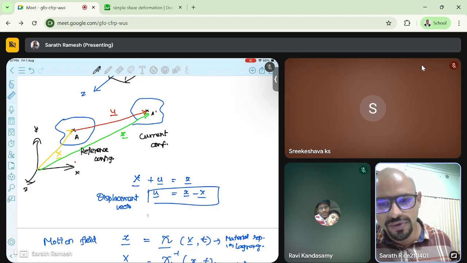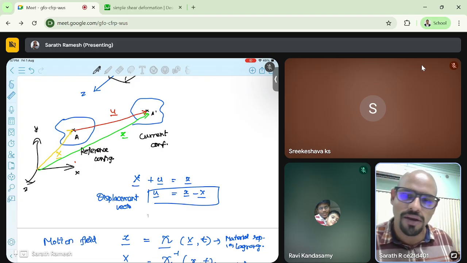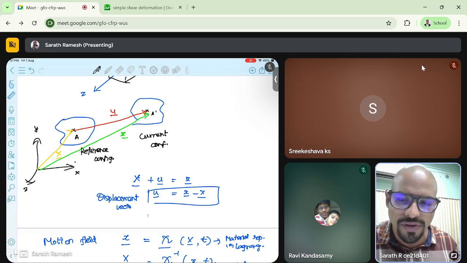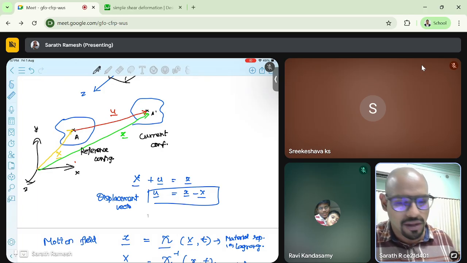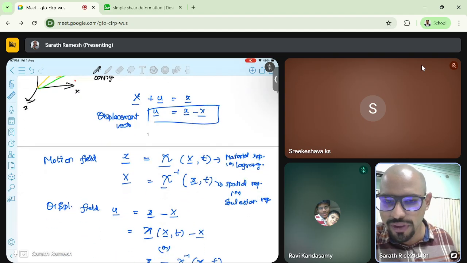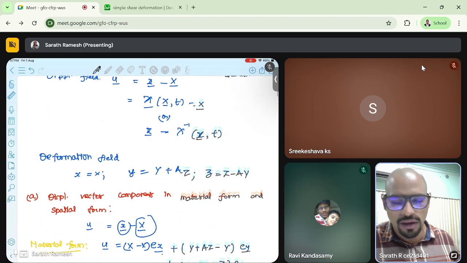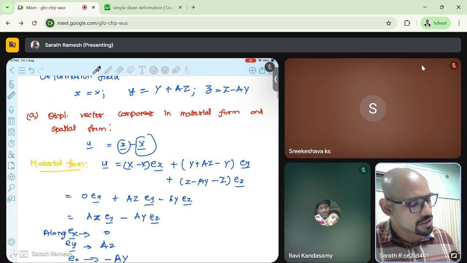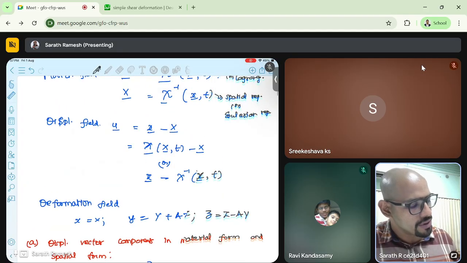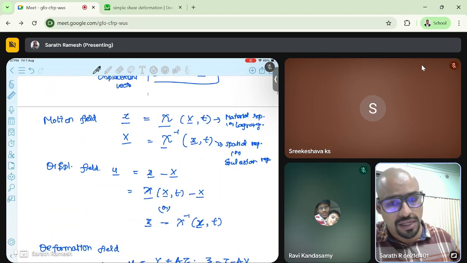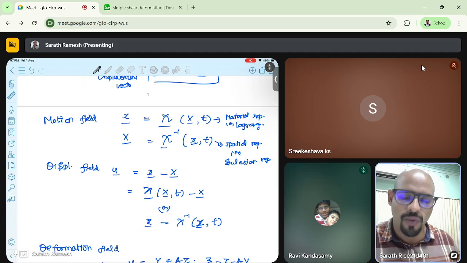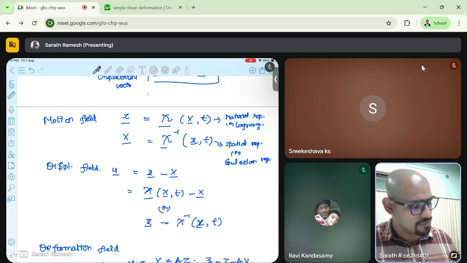The function used to relate the reference and current configurations we call the motion field, or deformation field without time. Then we saw two forms, the spatial form and the material form. If we write everything in the reference configuration, that is capital X, capital Y, capital Z, that is the material representation. If you write everything in small x, small y, small z, that is the spatial representation.